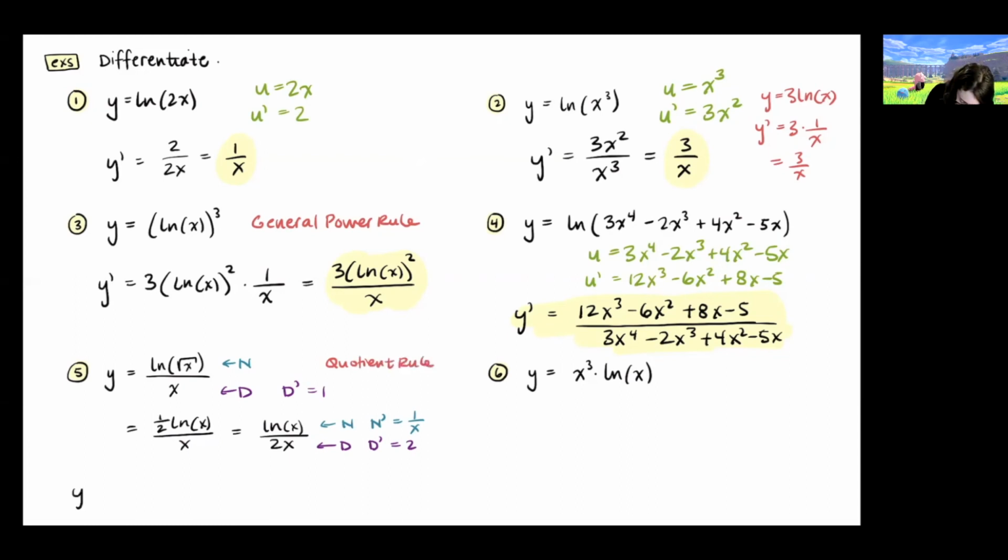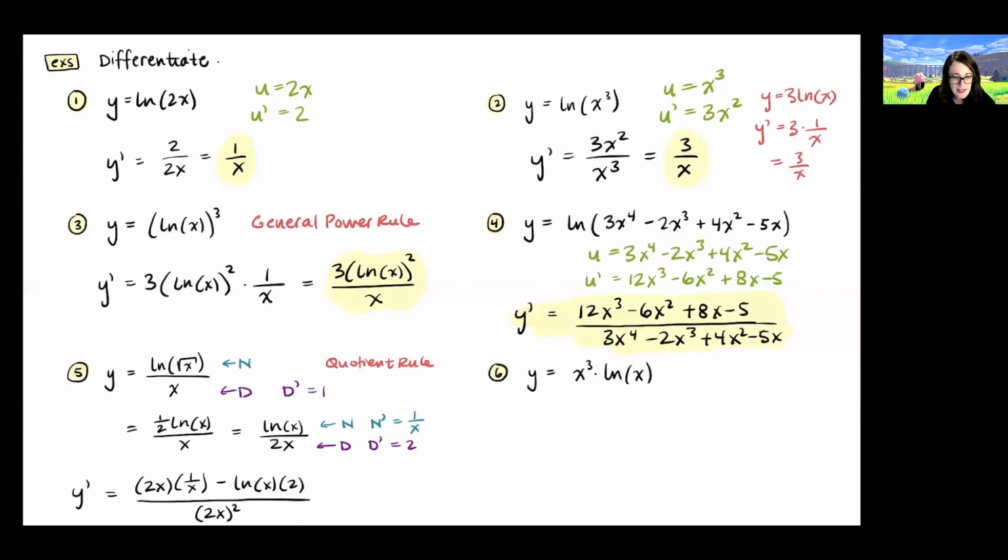So y prime now, the derivative of the entire thing, will be the bottom, 2x, times the derivative of the top, 1 over x, minus the top, natural log of x, times the derivative of the bottom, which is 2. And that's all over the bottom squared.